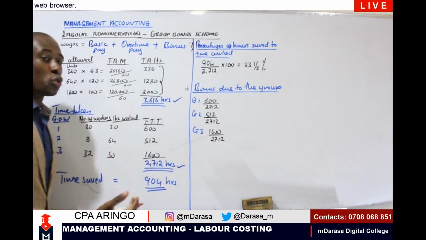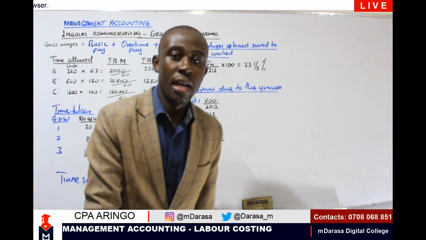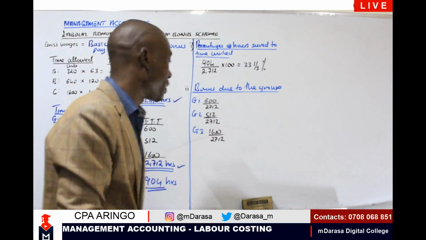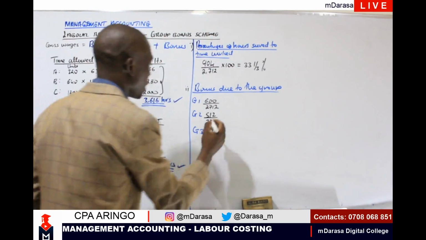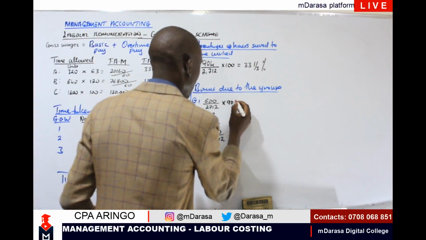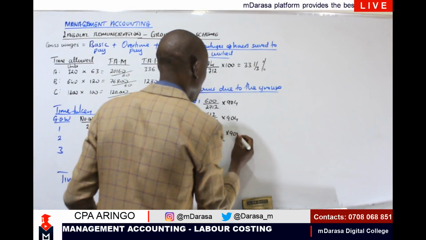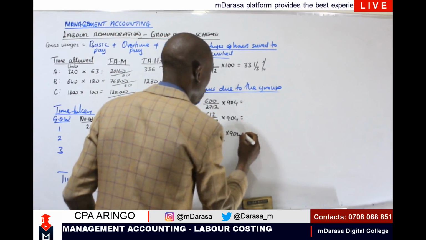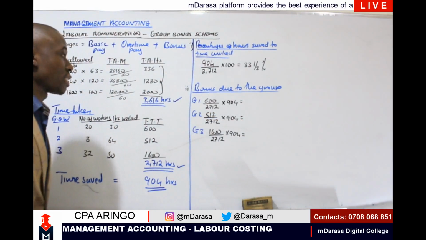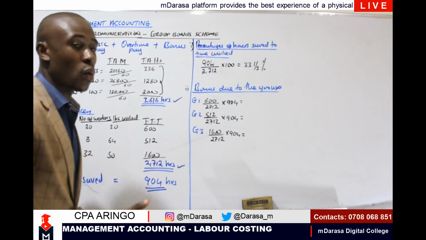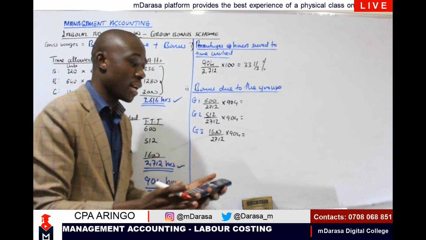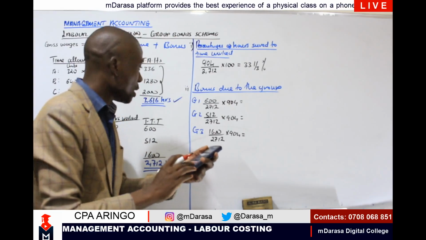A good question would be, what was the time saved? The time saved, we determined it was 904 hours. So by 904, this should give us how many hours each group saved, the proportion of time saved to each group.